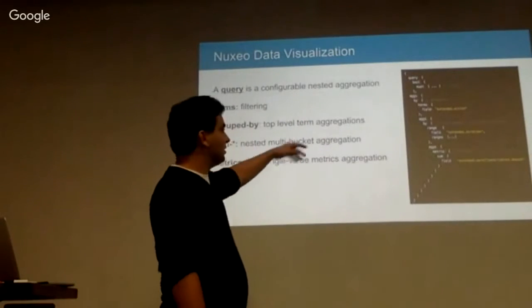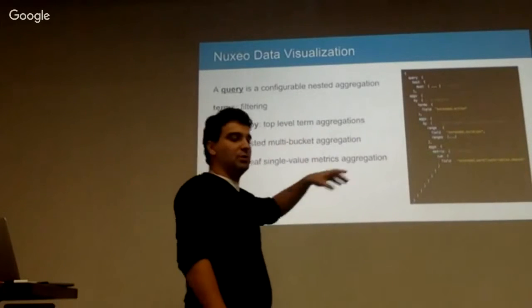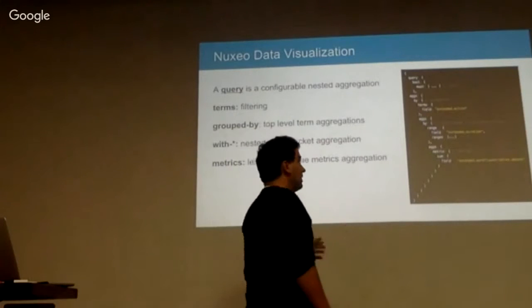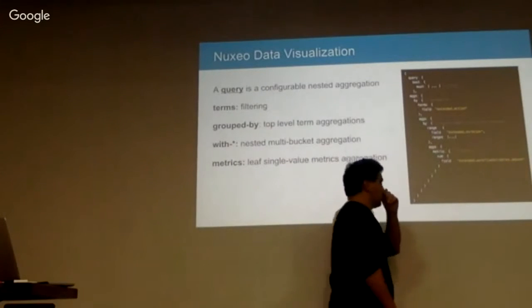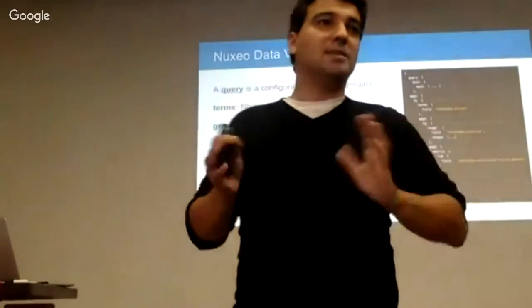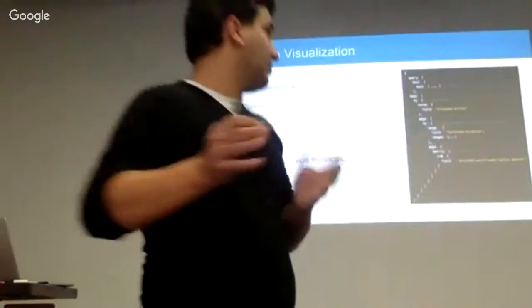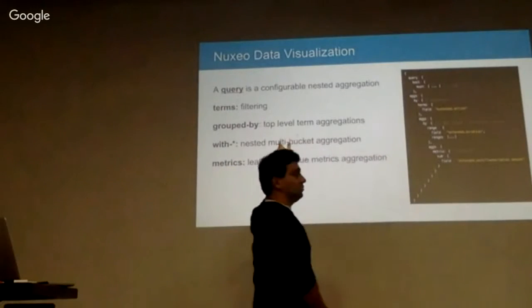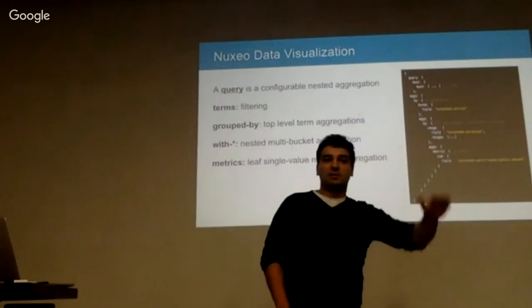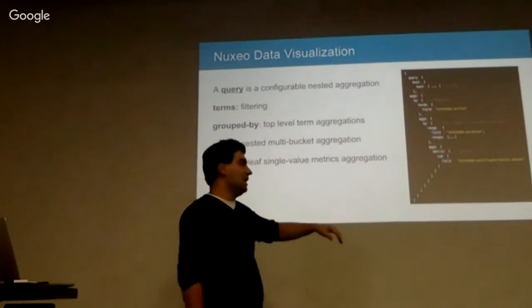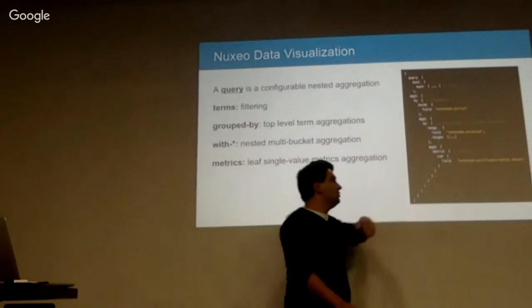So we looked at the JSON queries that we produced to build the dashboard that I showed before, and some others, and we identified a common structure. And we tried to name things. It's one of the most difficult parts of our job, trying to come up with cool names for things, but we started there. We identified that most queries have just a couple of terms. You're basically filtering the records that you want to process, and then you're doing a couple of nested aggregations, and in the end, the leaf node could be a metric.